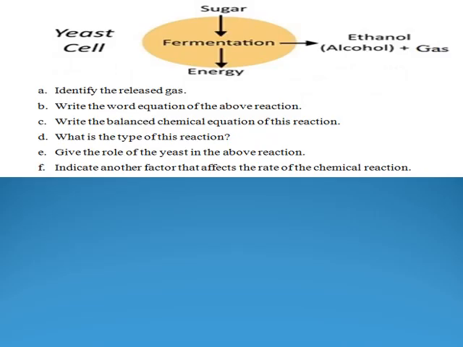So let's go back to the balance. C6H12O6 gives C2H5OH plus CO2. Let's start with hydrogen. Hydrogen we have 12. Here we have 5 plus 1, 6. We have to multiply this by 2. Okay.